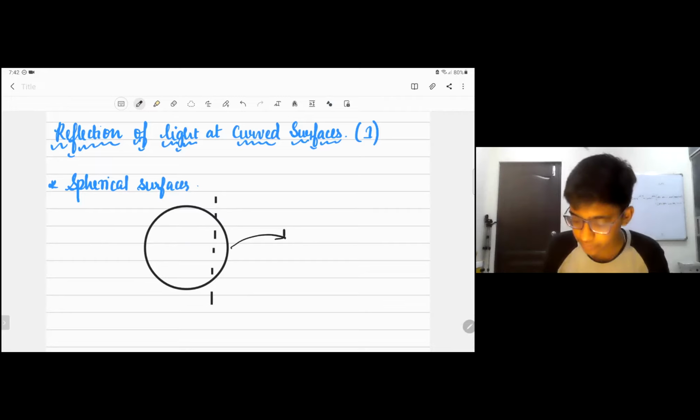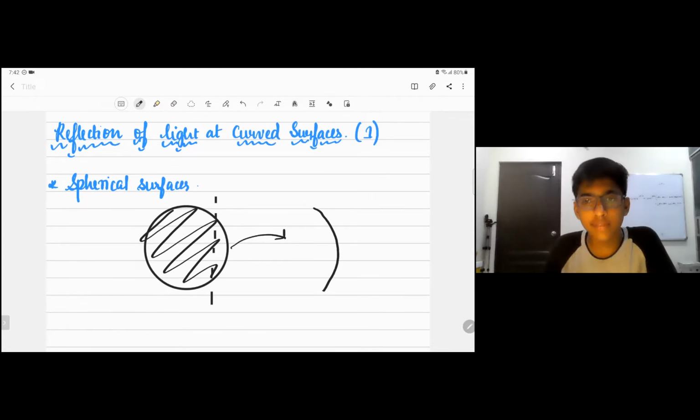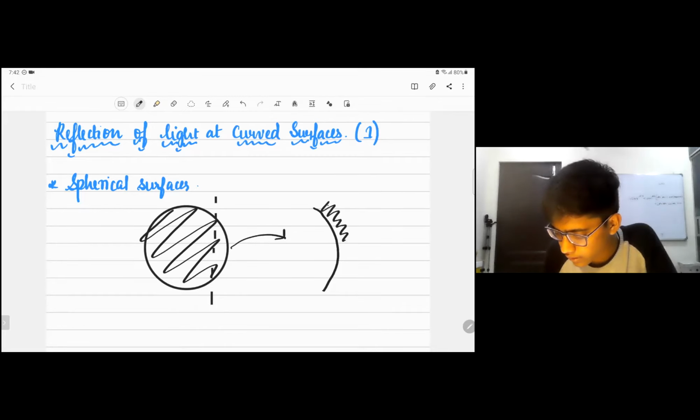What I get is silvered outside. This piece of mirror I am having in my hand. As it is silvered outside, from inside it is a mirror. Now it is going to reflect. These kinds of mirrors are called spherical mirrors.